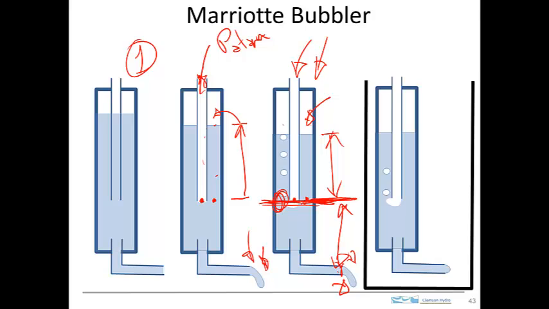So this is a way of making a very simple device that will maintain a constant flow rate. Okay, so that's one possibility. Another possibility, though, is to place this whole device here in a borehole. And if we do that and let the water flow out, the water will fill up in the borehole and the water level will rise.